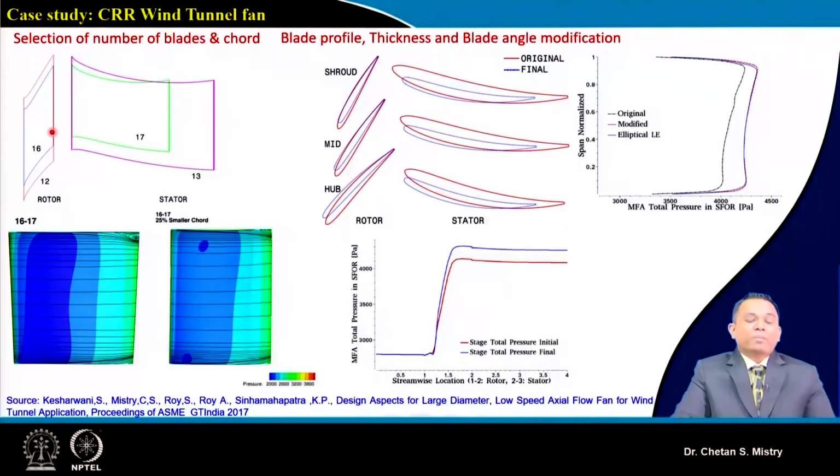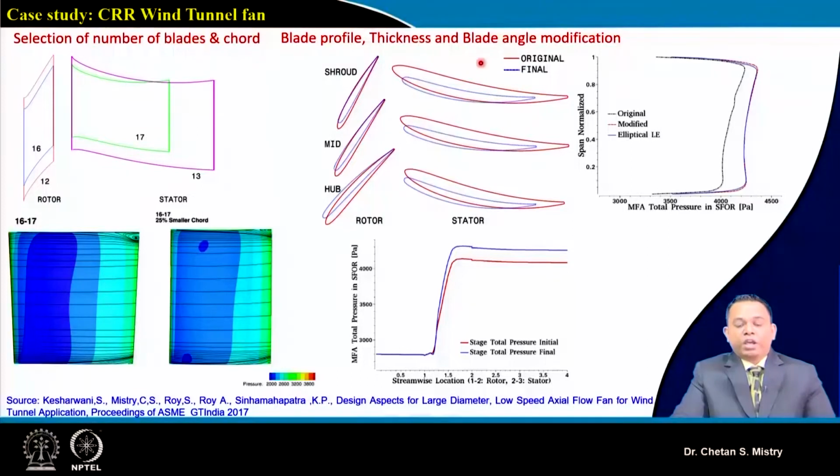Based on a number of iterations, we have come up with a combination of 16 and 17 blades. This is the design we discussed in week 11, and we explored it in our computational study, and it is giving the best performance in terms of what we are expecting.